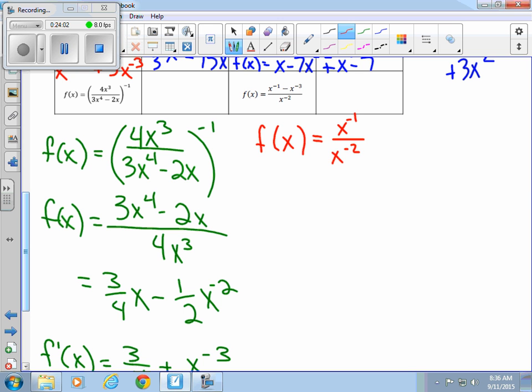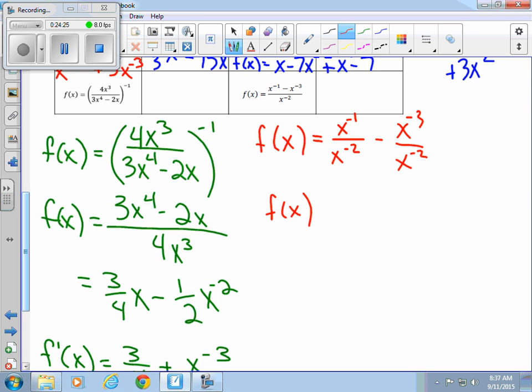I'm going to rewrite it like this first. Divide both pieces by x to the negative 2. And again, I want to say this one more time. What's the property when you divide two things with the same base with exponents? What do you do? Subtract the exponents.